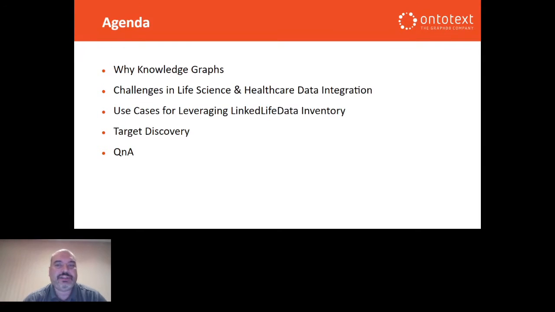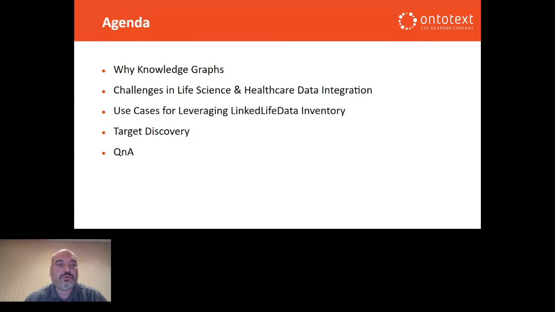This is quickly the agenda for the presentation today. Why knowledge graphs? I assume there is no need to strengthen this message to the audience because you are all convinced about the power of knowledge graphs and how we can efficiently use them in multiple various domains, like in our case, life sciences and healthcare, where we can solve different challenges.